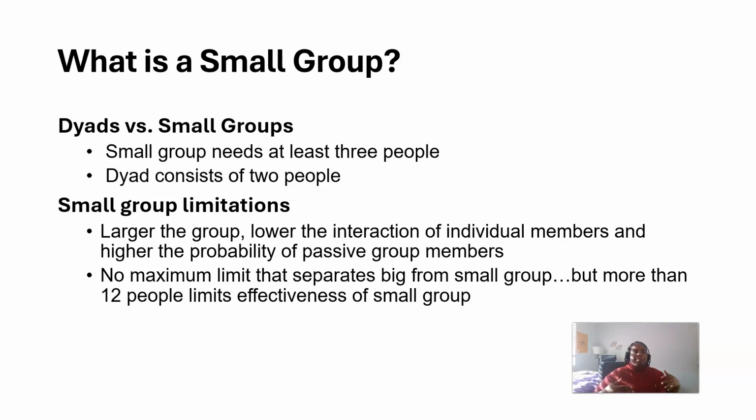So, for example, when we think of a small group, we want to maybe keep it to about 6, 7, or 8 people, depending on the context, of course. But 12 people is a lot. So think about a classroom size. Classrooms are about 25 to 30 people. Some would say that is not a small group.